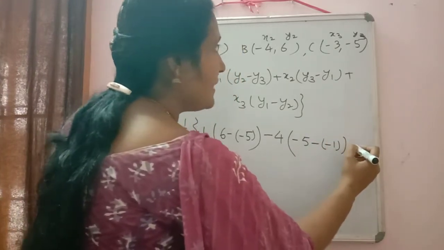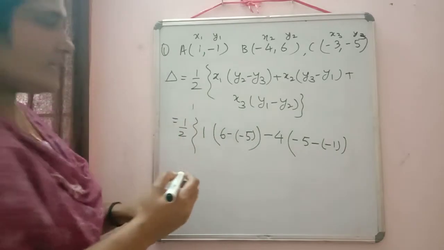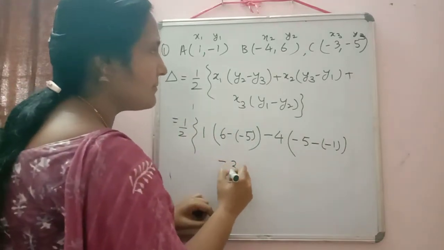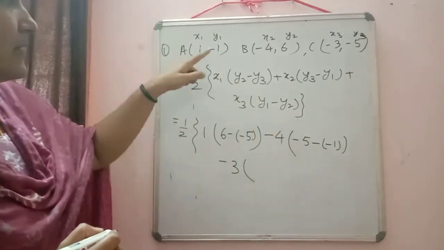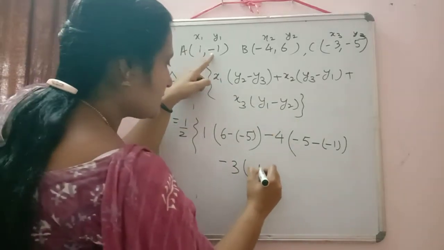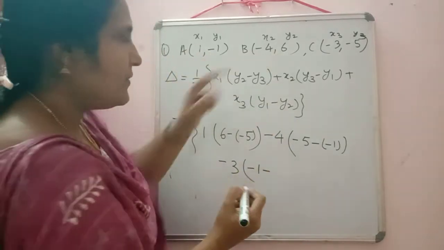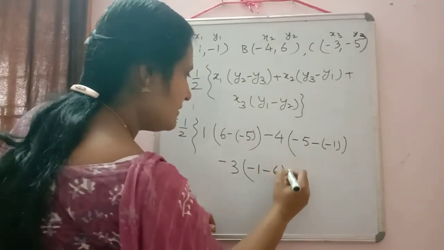Then again plus x3, x3 is negative there, so I am writing the negative symbol, minus 3 into y1 minus y2, y1 is minus 1, minus y2, y2 is 6.